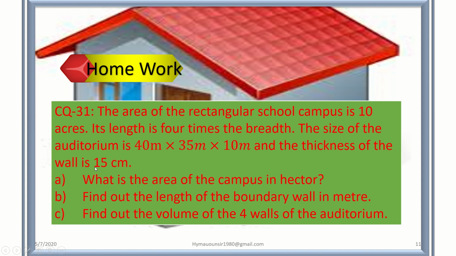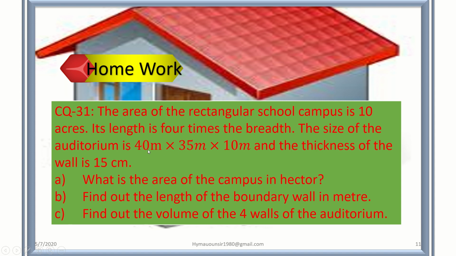So 40 minus 2 into 0.15, and you will get the length without wall, and 35 minus 2 into 0.15, you will get the breadth of the auditorium without wall, and then multiply with 10, you will get the volume of the auditorium without wall.